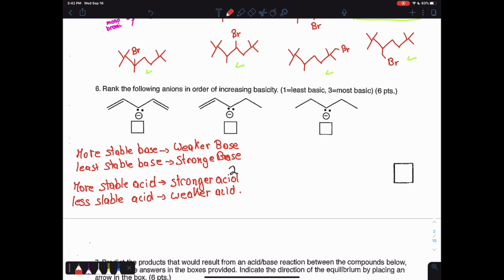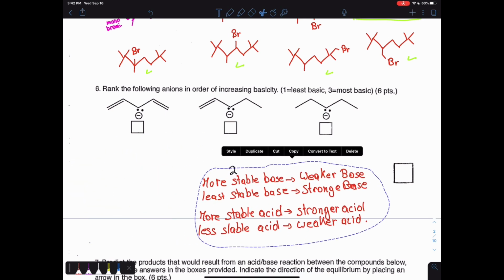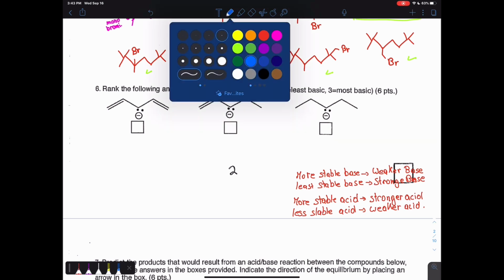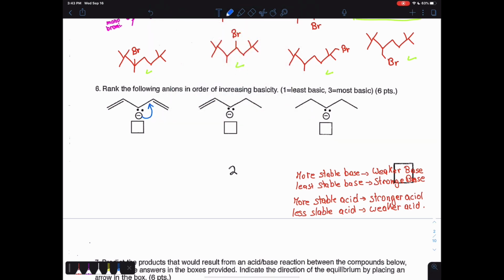So now looking at those three compounds that we have in front of us, actually let me move these a little bit out of the way so I can draw. For the first one, we can see that there is resonance on both sides. So this negative charge can go over here and pull those pi electrons into the carbon and form a lone pair. And it can go also over here and form a lone pair. If I follow the blue arrow, I'm going to have this molecule, and I'm going to have a negative charge right here.